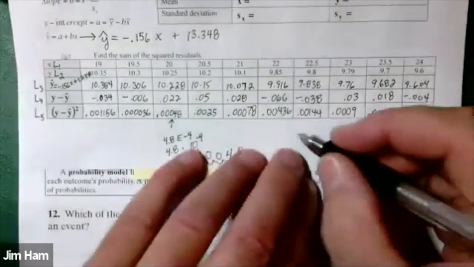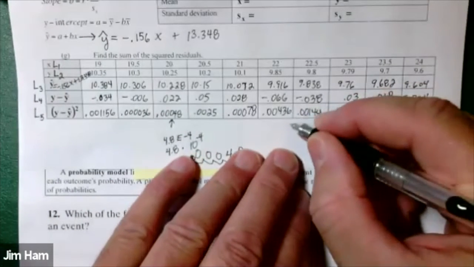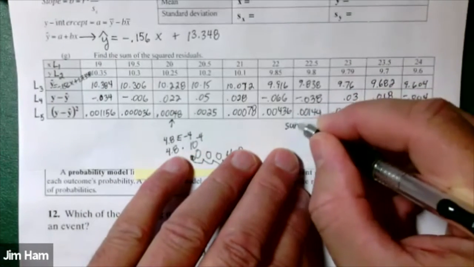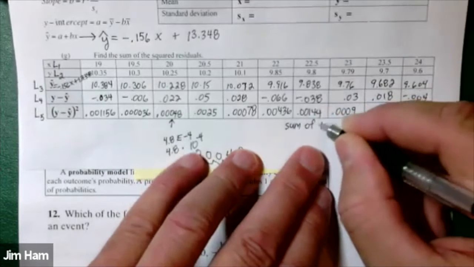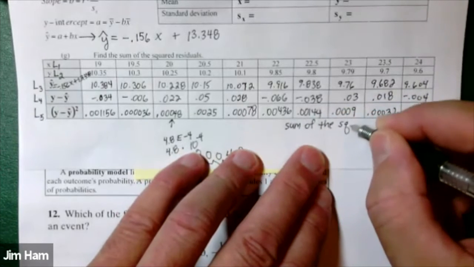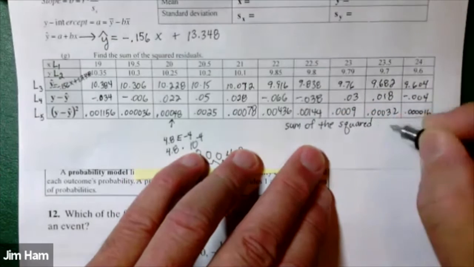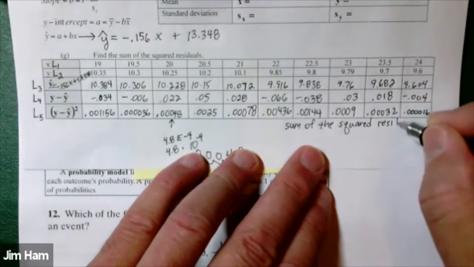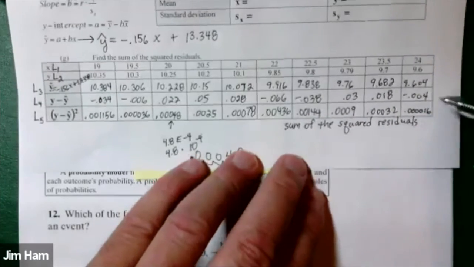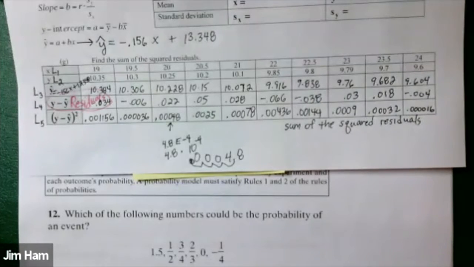Okay, now what they're going to ask you for here is the sum of the squared residuals. So L4 are the residuals, and then the next row, we're squaring those numbers.